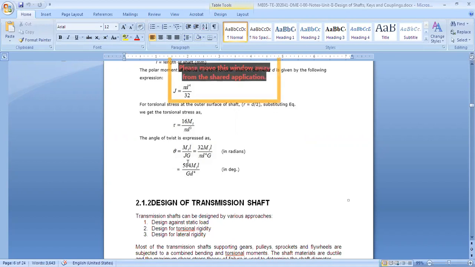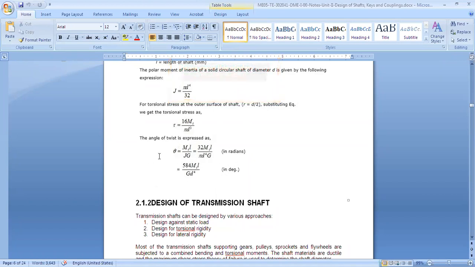So if we do that, theta is equal to 180 into 32 upon pi square multiplied by MtL upon d raised to 4 G. Are you getting me? On the left-hand side there will be theta, pi by 180 will go on the opposite side, so it will be 32 into 180 upon pi, and this pi square, right?